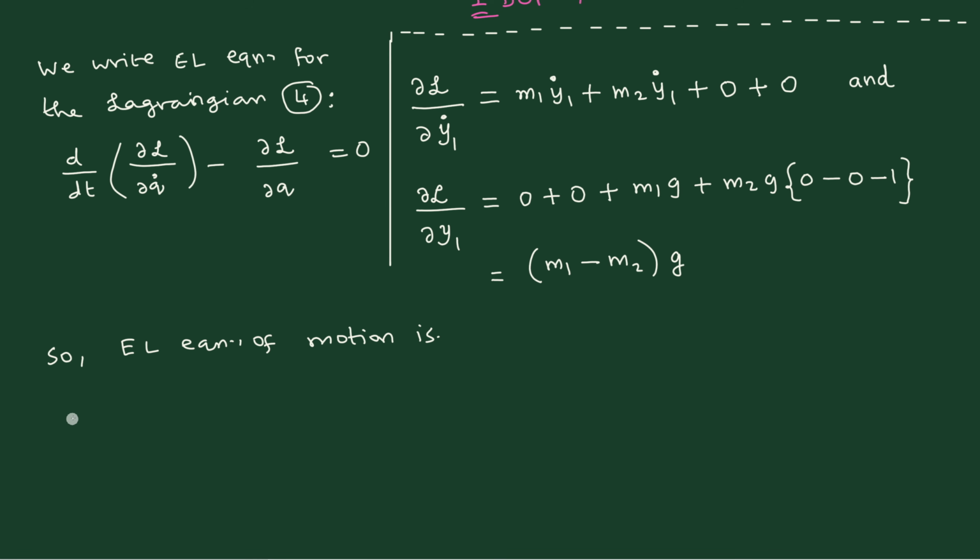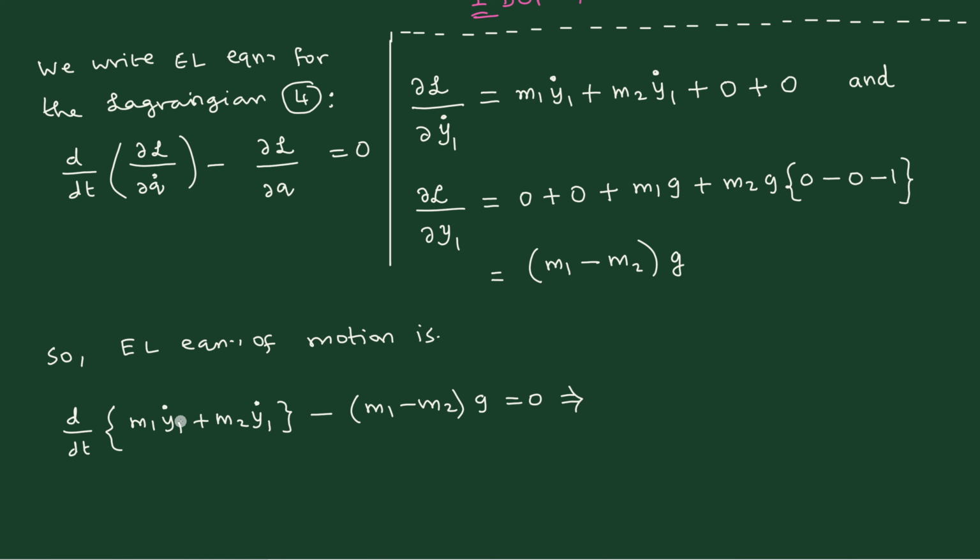Therefore, we will write down that it is d/dt of m1 y1 dot plus m2 y1 dot, that's all over. Then we have a minus (m1 minus m2) times g equal to 0.